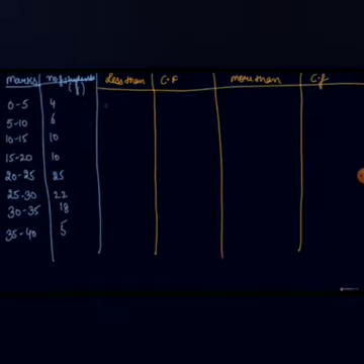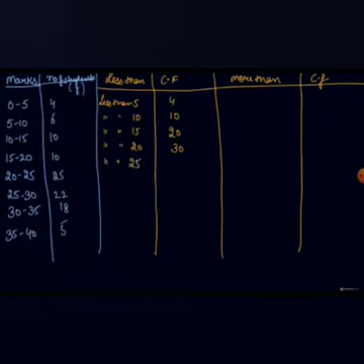So this is less than 5, how many students are there? 4. Less than 10, how many students are there? 4 plus 6, 10. Less than 15, how many students are there? 4 plus 6 plus 10, 20. Less than 20, so 20 plus 10 is 30. Less than 25, how many students are there? 30 plus 25, 55.